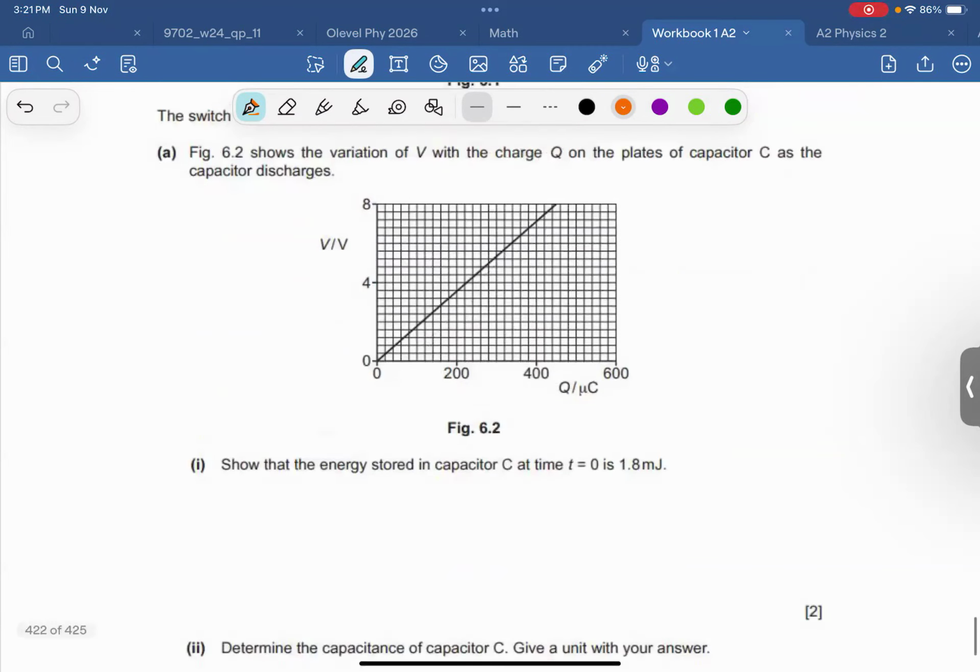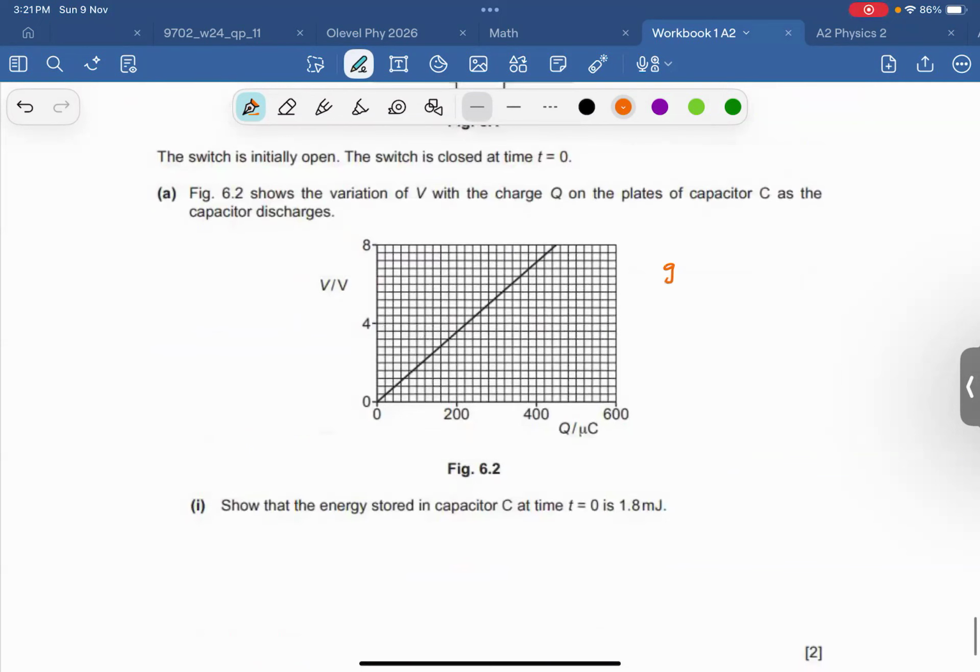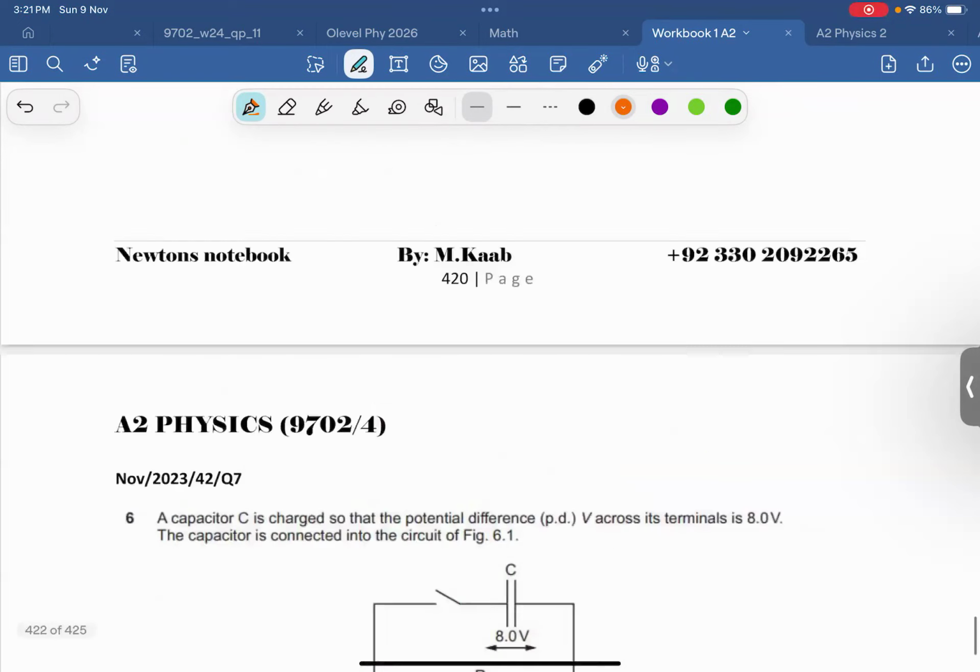So we know that the gradient of this graph is going to be 1 over the capacitance.